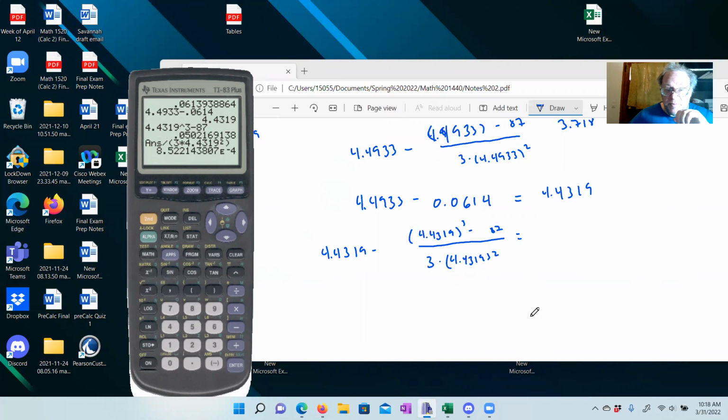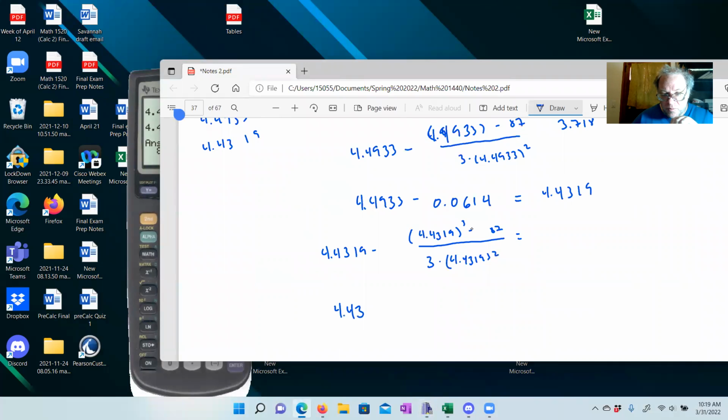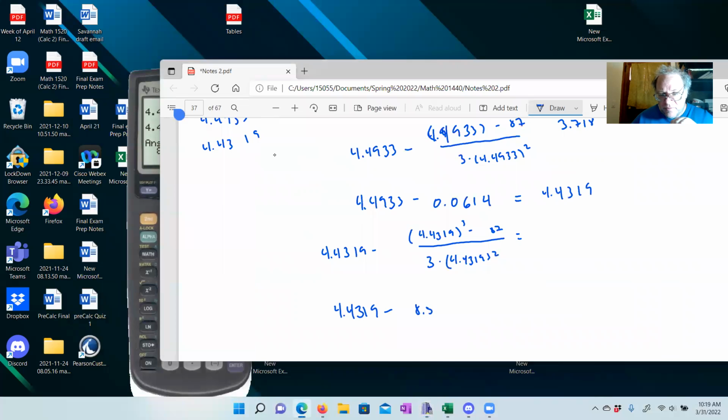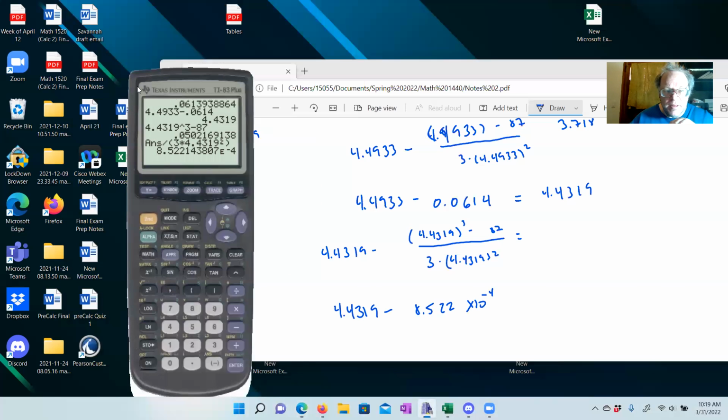I'm happier about this one because it's getting to be a pretty small number. So we have 4.4319 minus 8.522 times 10 to the negative 4th power. So we're going to take 4.4319 minus my previous answer. Not going to be very much. We ended up with 4.431.